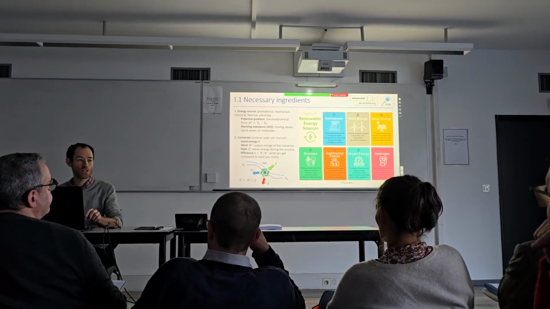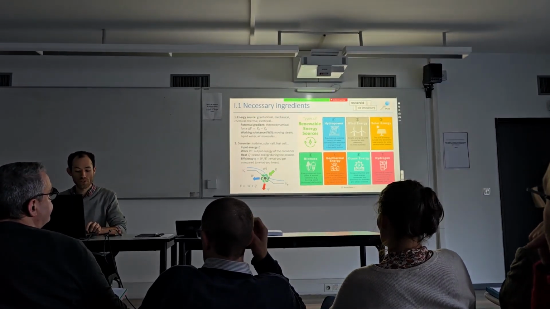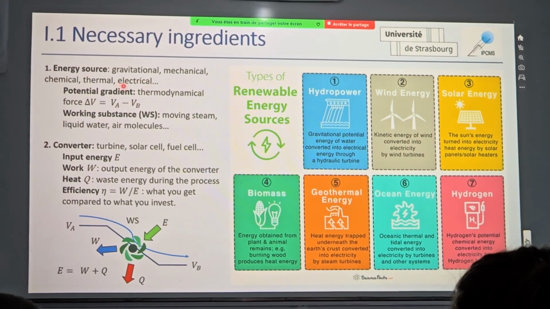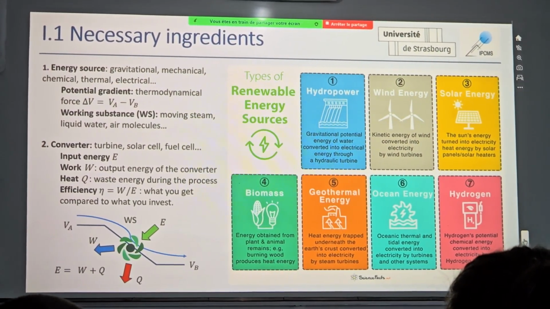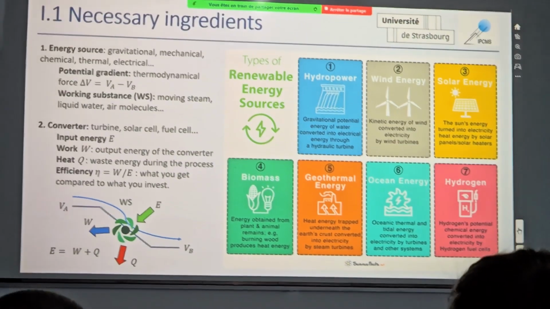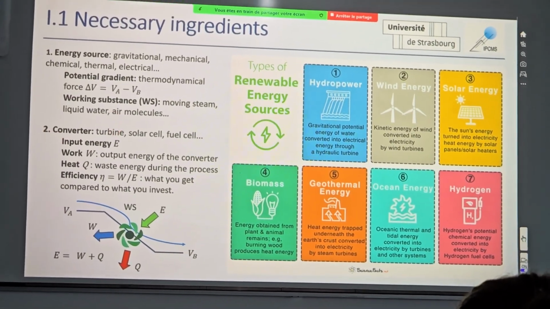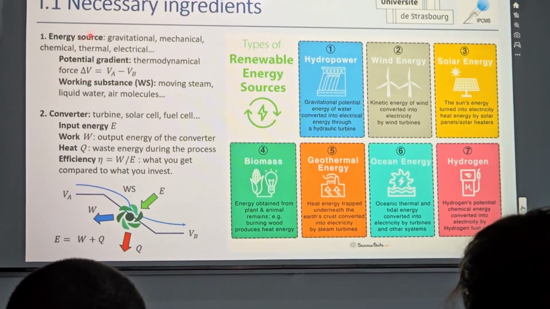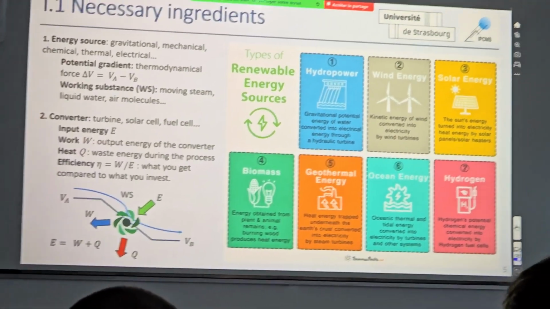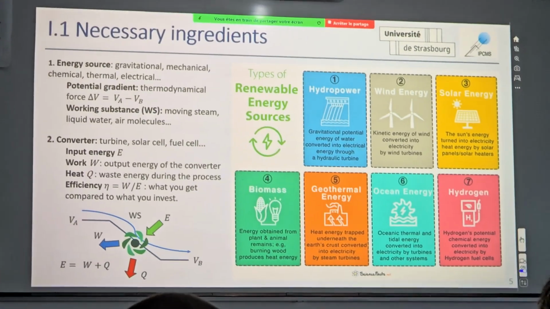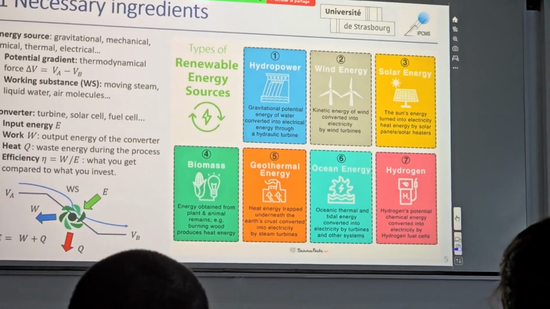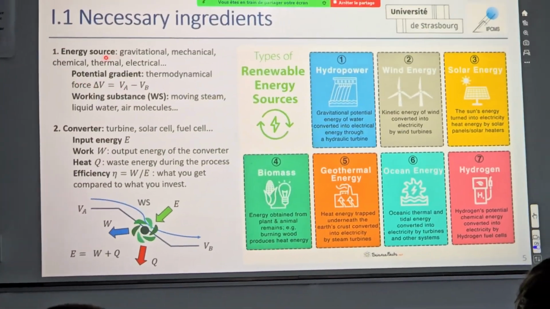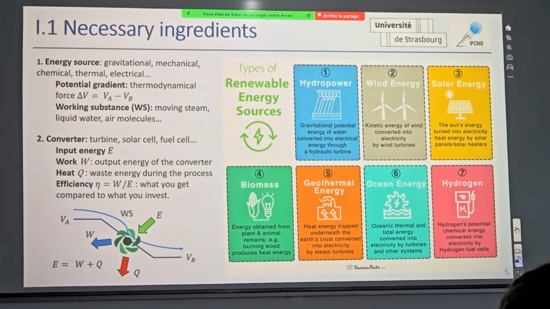And all of these machines need 2 necessary ingredients. So first, an energy source that may be gravitational, mechanical, chemical, thermal, or electrical, and then a converter. The energy source may derive from what's called the potential gradient, which is a thermodynamical force that is applied on a working substance that is usually a kind of fluid that is experiencing some transformations due to this thermodynamical force.